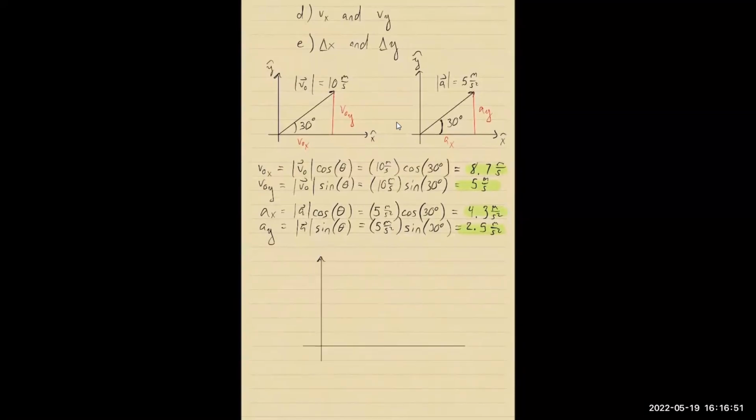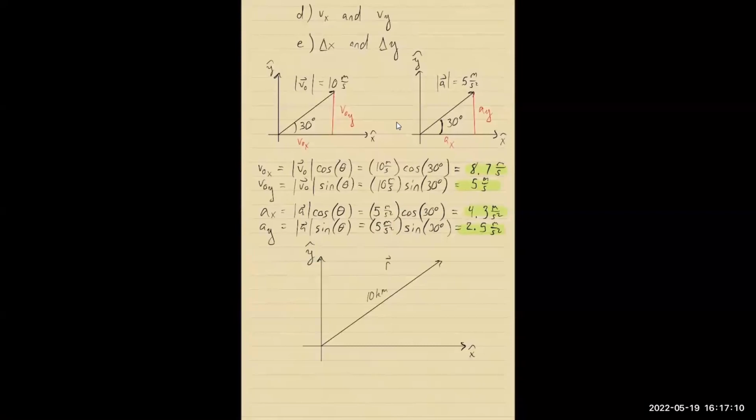We have our y-axis, our x-axis. And so this problem is saying that we have a vector, our displacement is 10 kilometers. So this is our final position R, has a magnitude of 10 kilometers. And this is at an angle of 30 degrees because we were driving at an angle of 30 degrees.